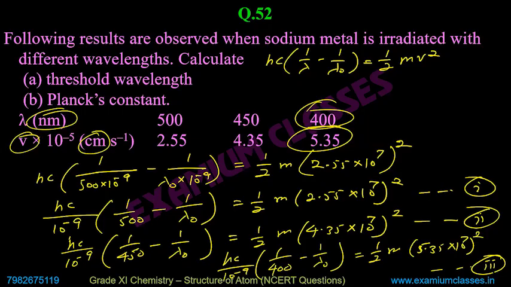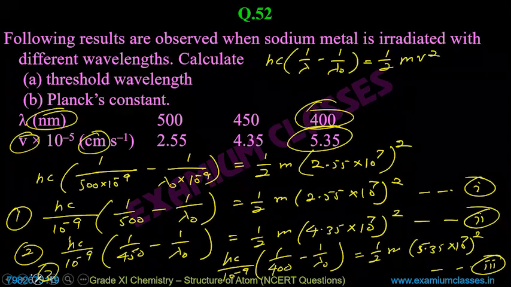You can use any two out of these three: 1, 2, 3. Divide, hc by 10 to the power minus 9 will get cancelled, m will get cancelled. Only lambda naught will be the unknown, so you will get the value of lambda naught from there.